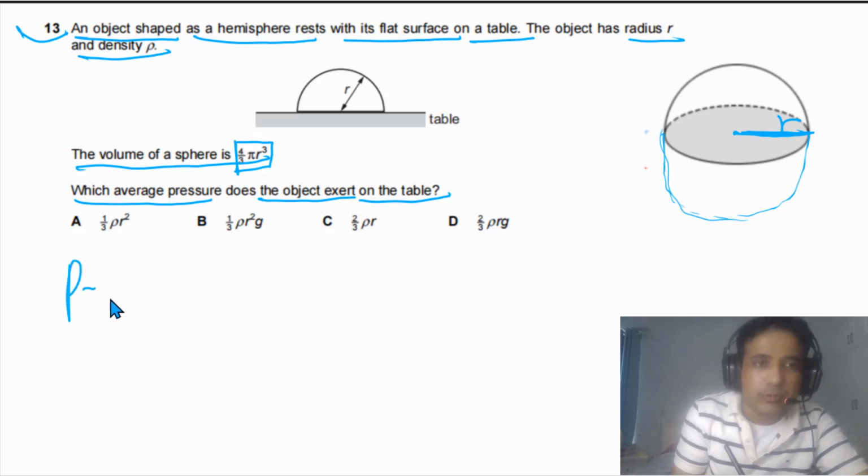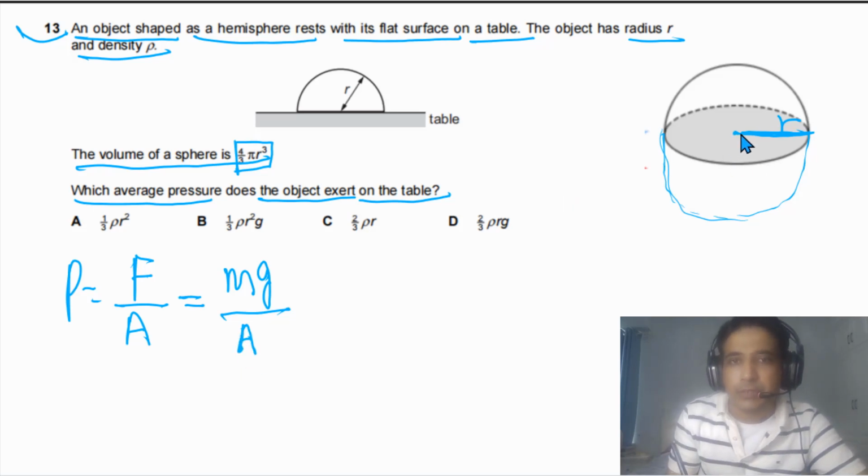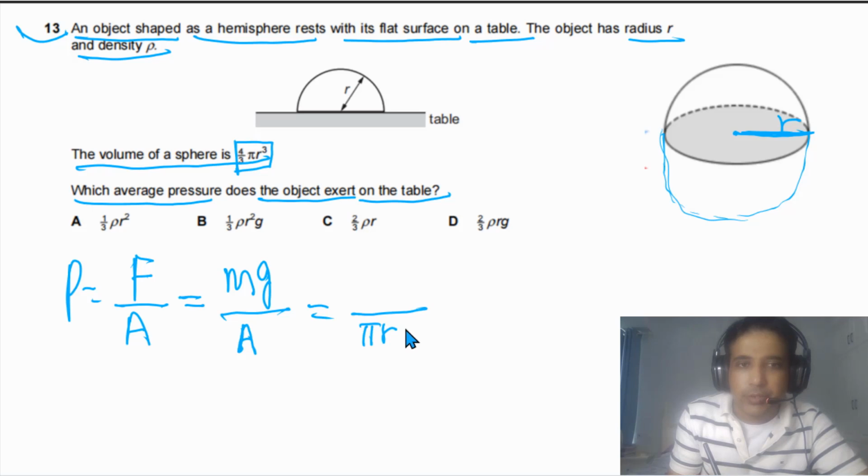P simply is equal to the force exerted on the table over the contact area, and the force exerted on the table in this case is equal to the weight of the hemisphere, divided by the area in contact with the table. The area in contact with the table is the area of this circle, so A will be equal to pi r squared. And the weight will be equal to density times volume times g.